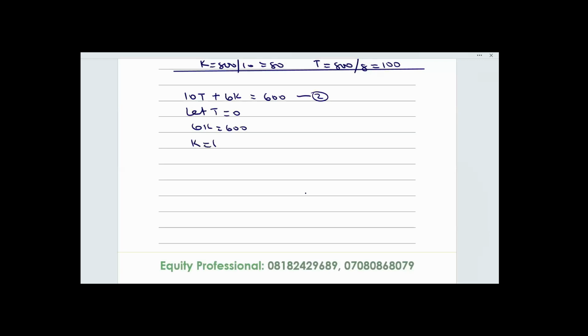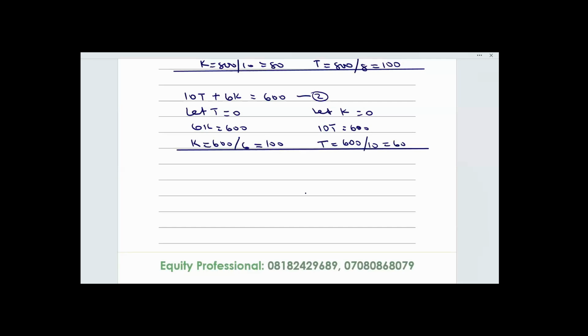K will be equal to 600 divided by 6, which is 100. Then let K equal to 0. If K is equal to 0, then 10T will be equal to 600. Therefore, T will be equal to 600 divided by 10, equal to 60. Again, I'm done with the second equation.